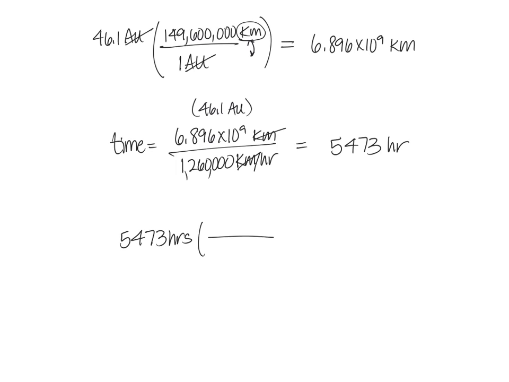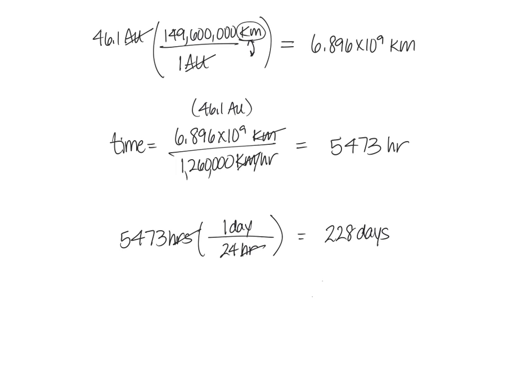But they ask us how many days, so we want to change units again. We know a day is 24 hours, so we just have to make another ratio. 24 hours is 1 day. And the way that we know which goes on top and the bottom is so that we can cancel out our units, just like fractions. And so taking this number and dividing by 24 is going to give us the time in days, and that's 228 days.